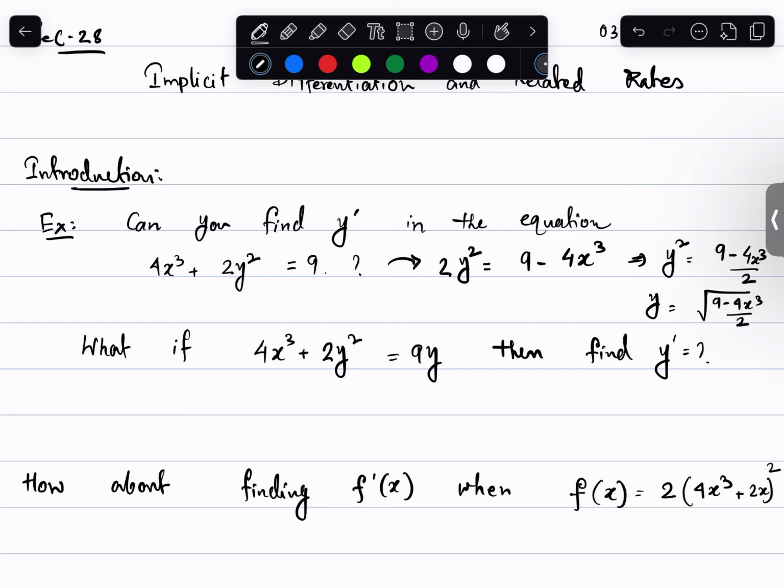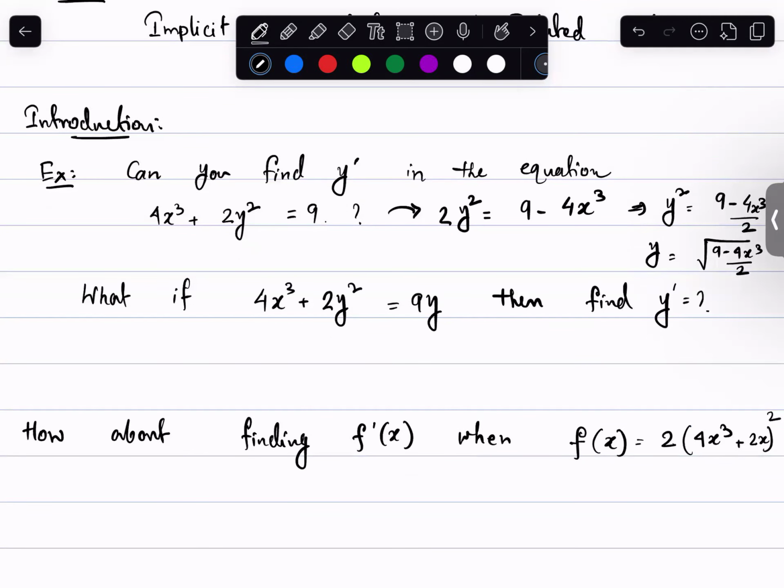So now I have my variable y written in terms of x, and then I can use the differentiation laws to find y prime, right?